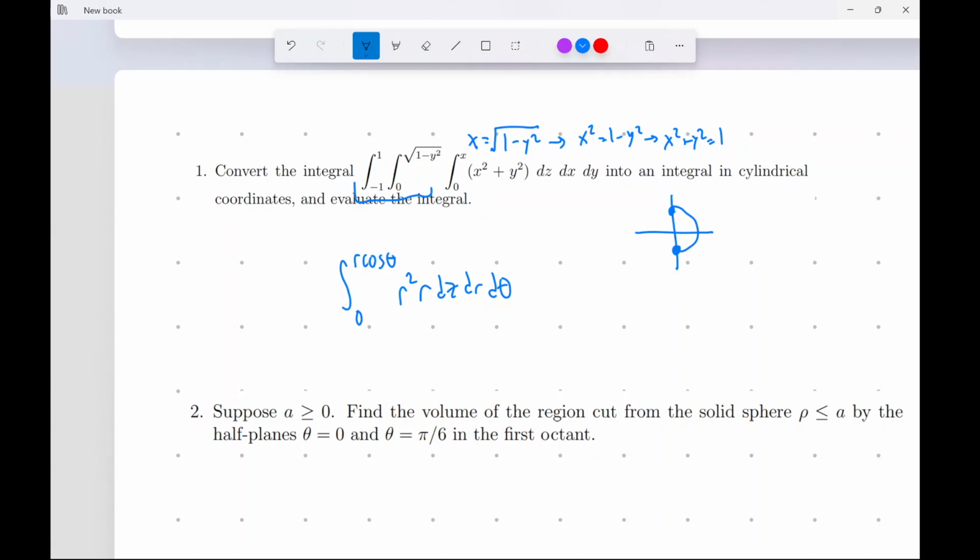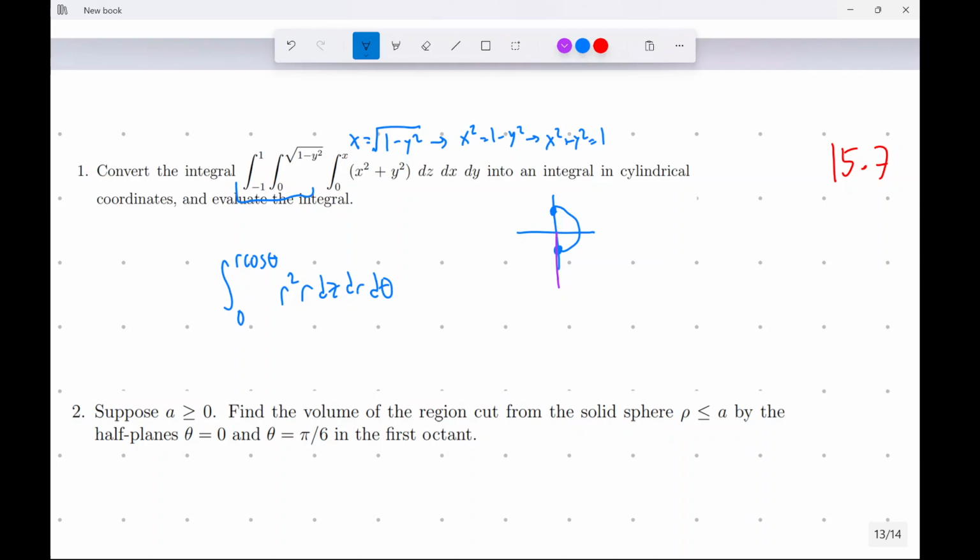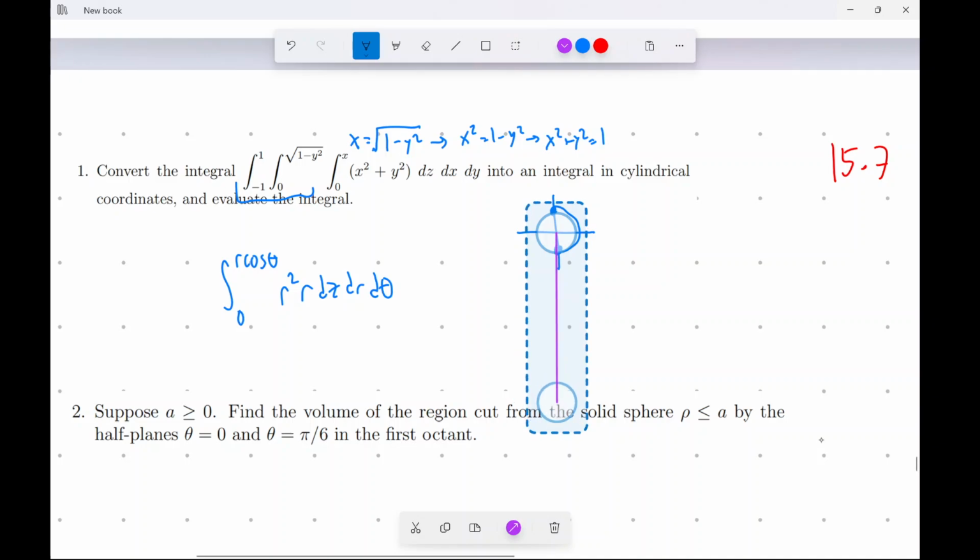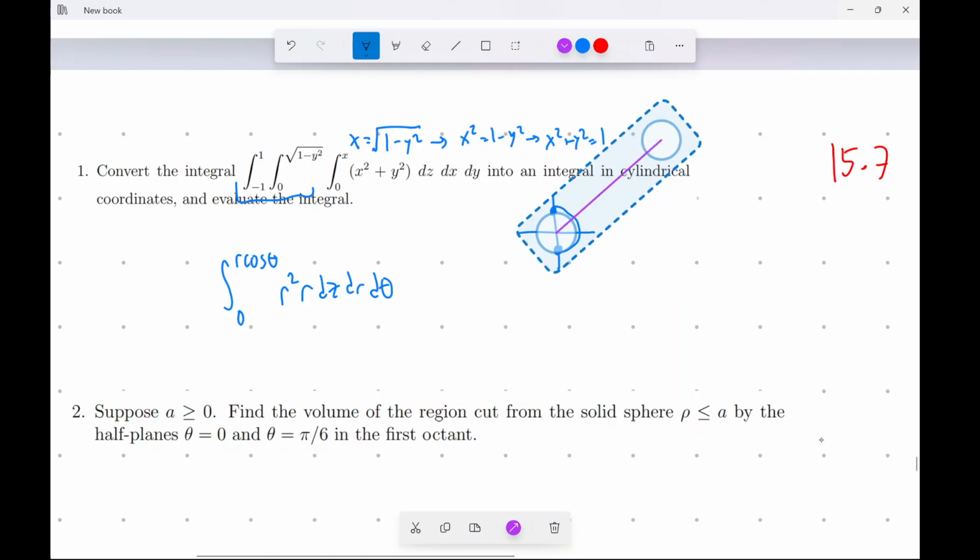And so now we just need to set up the r and theta integrals, but these are relatively straightforward for circles. As we saw when we were doing polar coordinates, we want to find the minimum value for theta. So the minimum value for theta is right here when I'm all the way down here in my region, and then it can sweep all the way around my circle up to here when it's straight upward, because we're trying to do this whole region here.